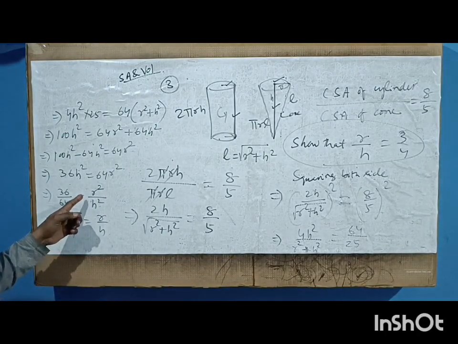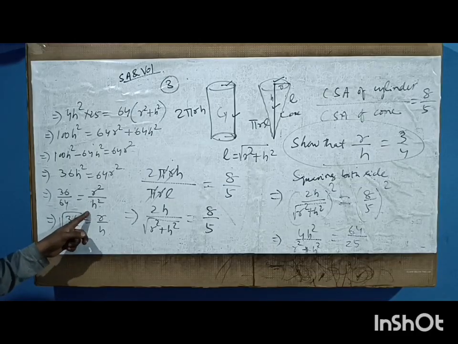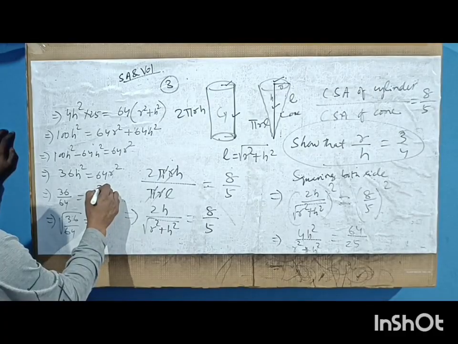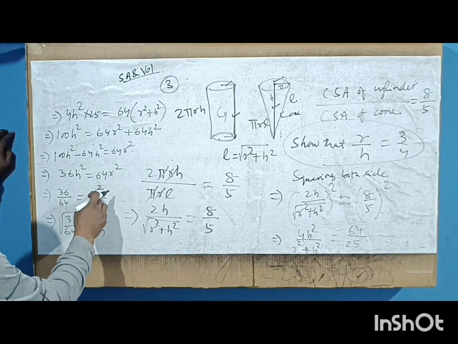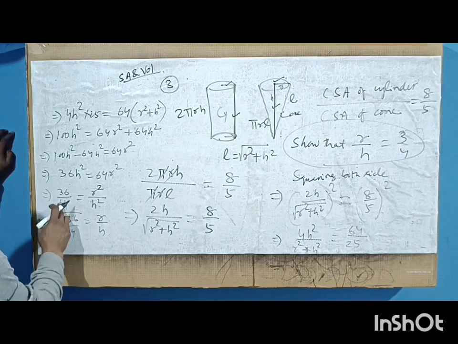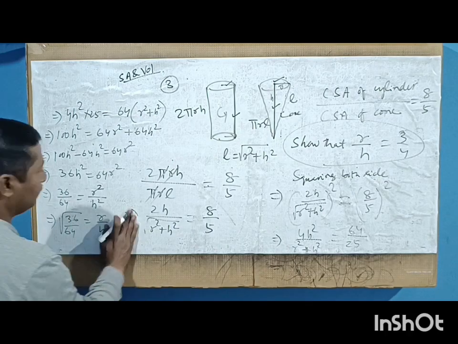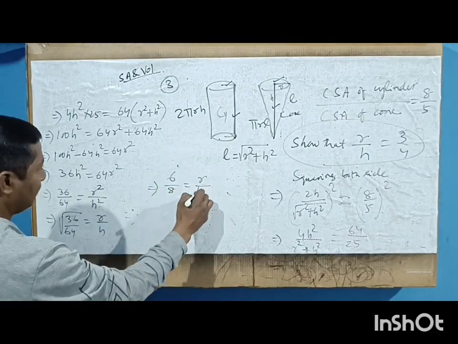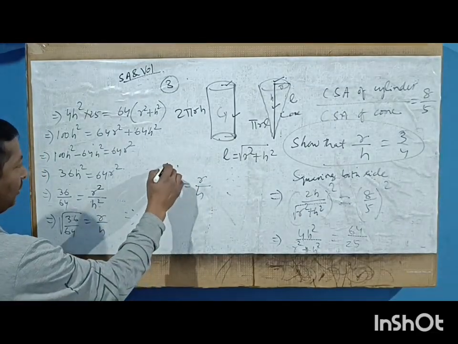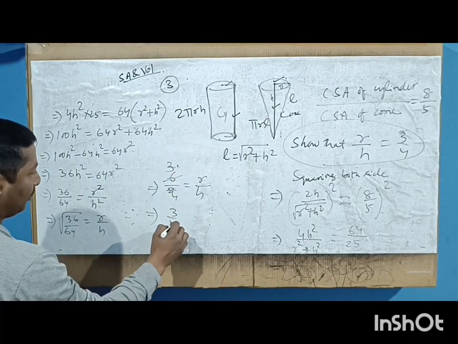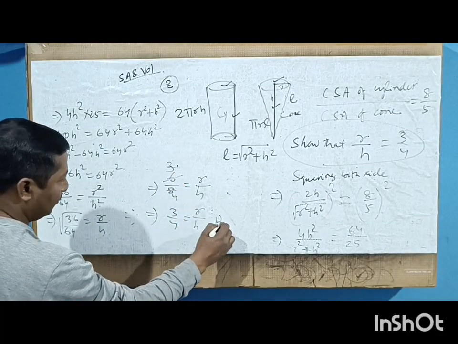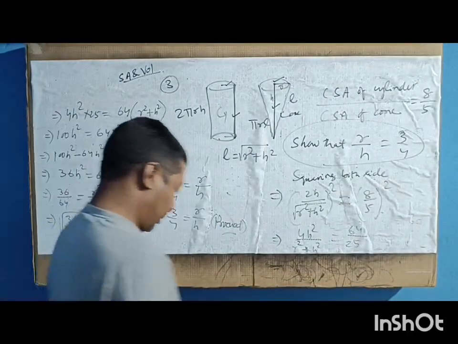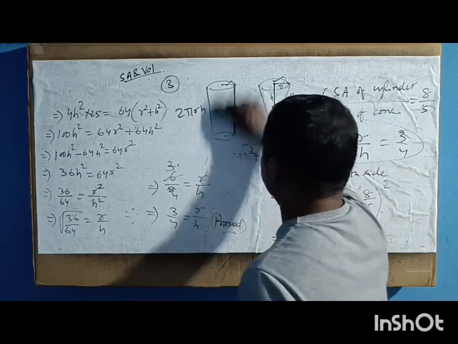So by taking the square root of both sides, I will get R by H. By taking the square root of both these sides, it will become R by H and square root of these two. That means how much? 6 by 8 equal to R by H. Now simplify. 2 threes, 2 fours, 3 by 4 equal to R by H. Proved. Okay? Okay. Let's proceed to the next one. Number 4.